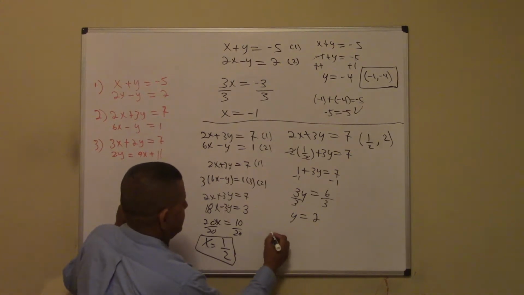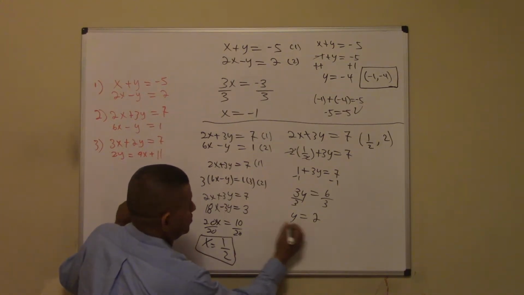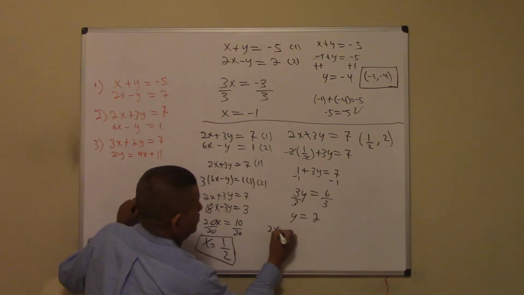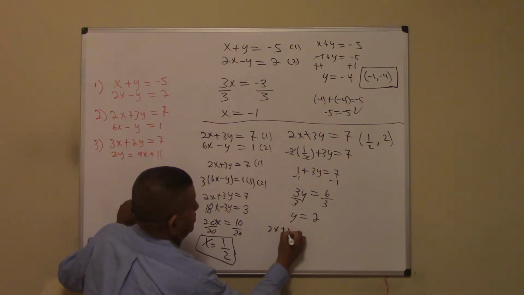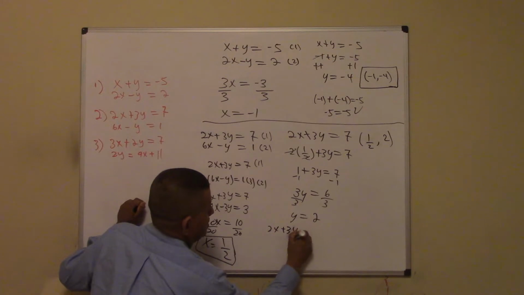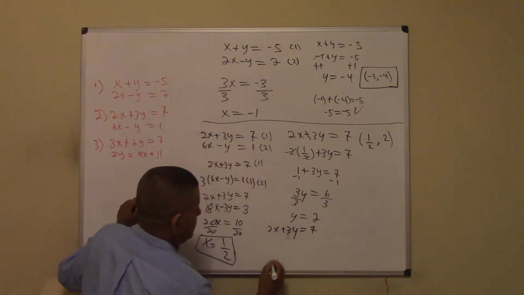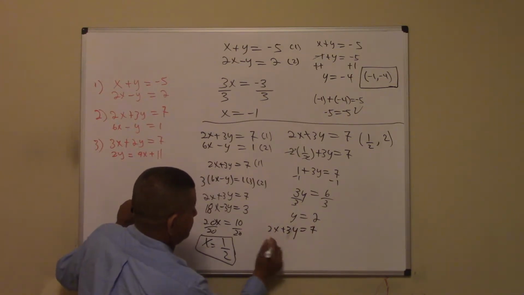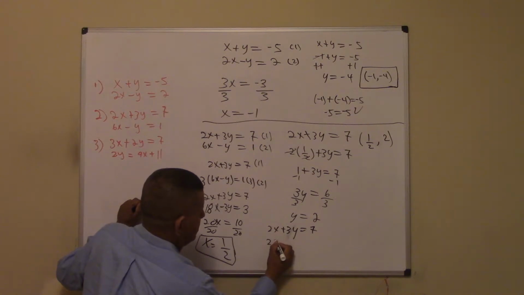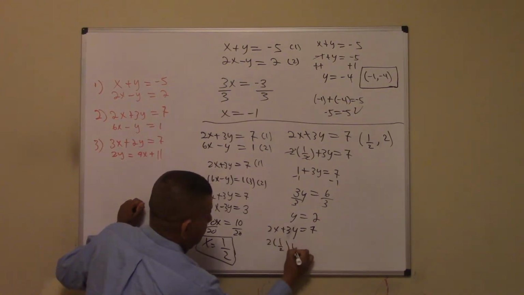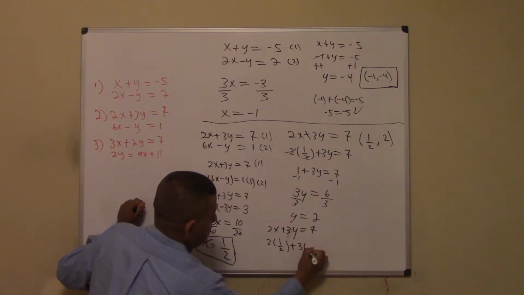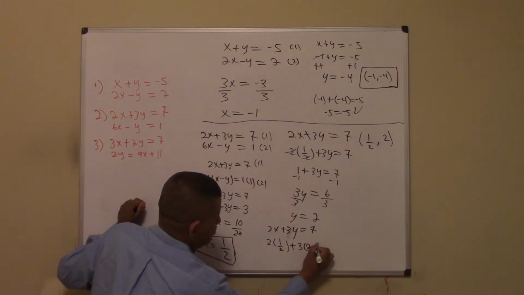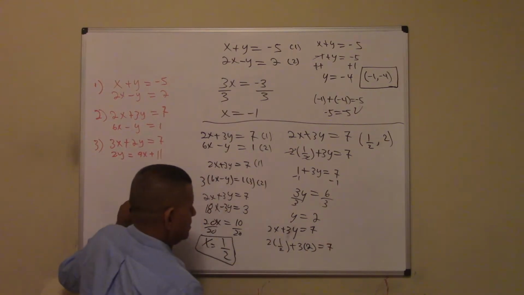The same thing, if you want to check, all you have to do is use equation number 1 again, and you say that 2x plus 3y is equal to 7, right? And then I substitute the values. I get 2 times 1/2 plus 3 times 2 is equal to 7, right?